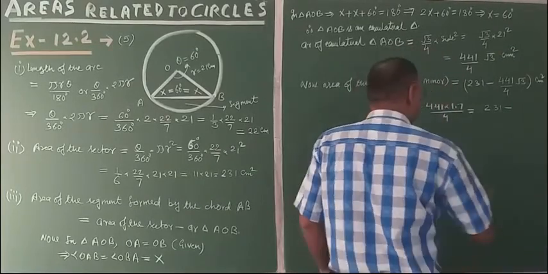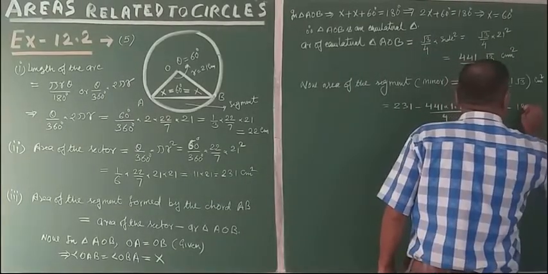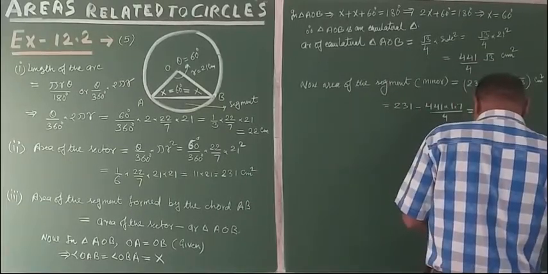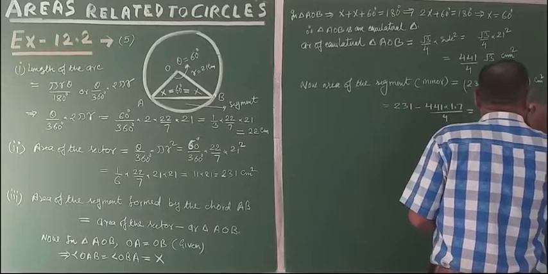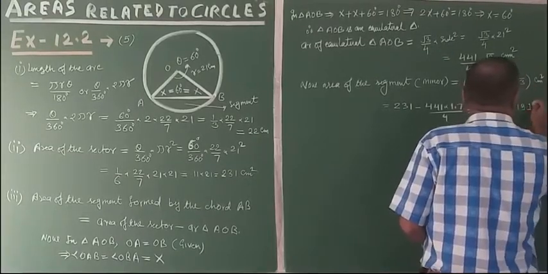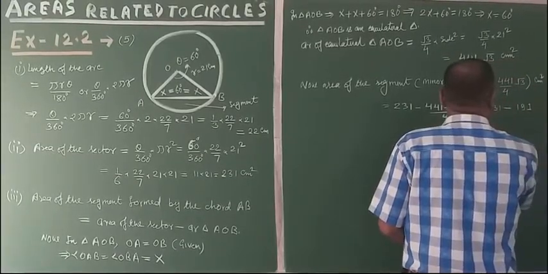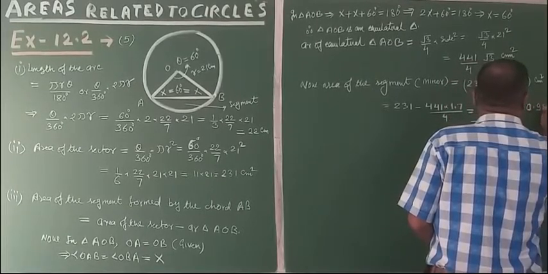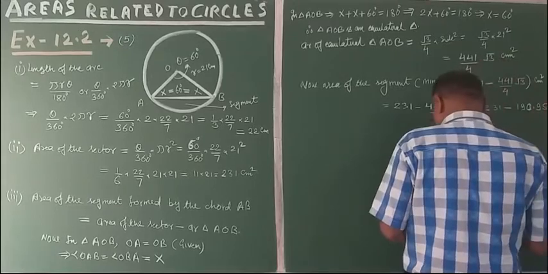So this will become 191 approximate. Okay, so you can say 190.95 it is coming.